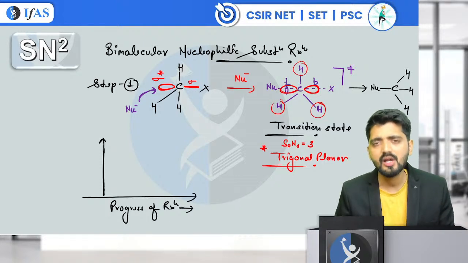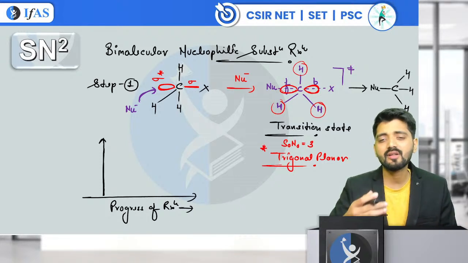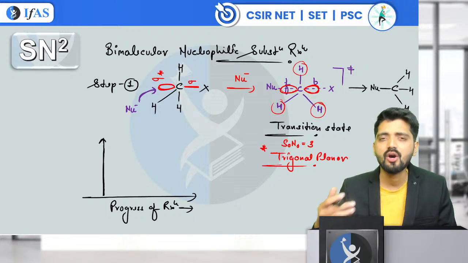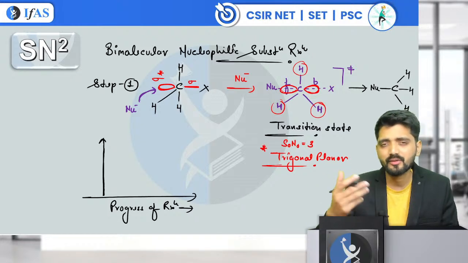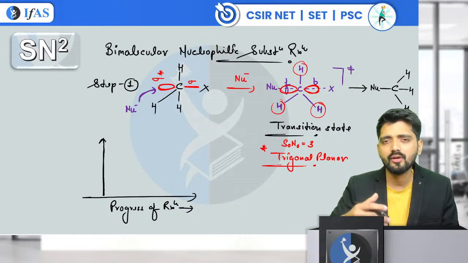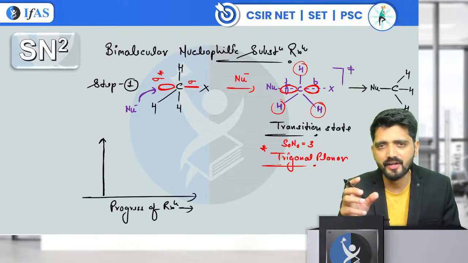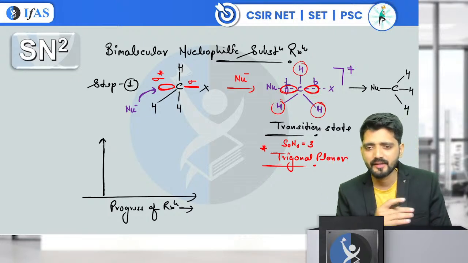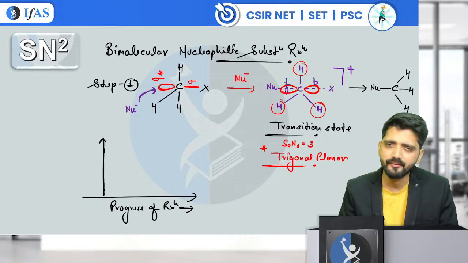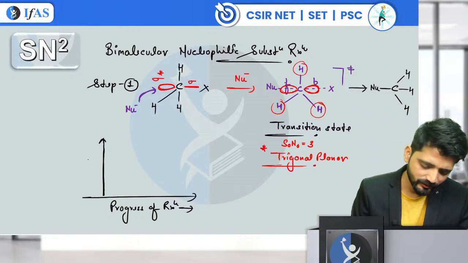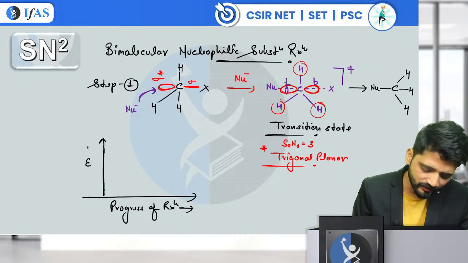On the x-axis we represent how the reaction is moving, what key components of the reaction are involved, and the y-axis consists of energy.